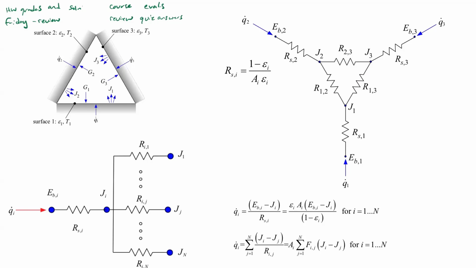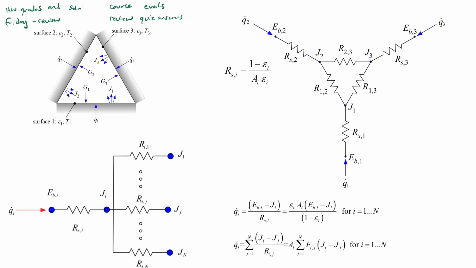But the difference here is that the radiosity is actually what sees the other surfaces, right? Now, if we have a resistance or an emissivity that's not one, this black body emissive power is not what is directly interacting with these other nodes. It's the radiosity. The radiosity is the important part there.